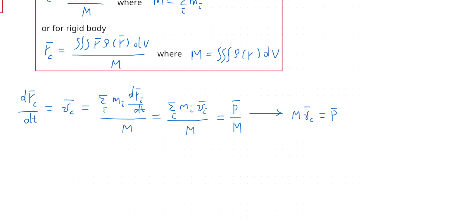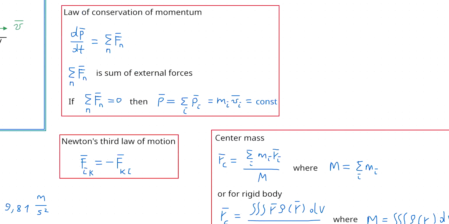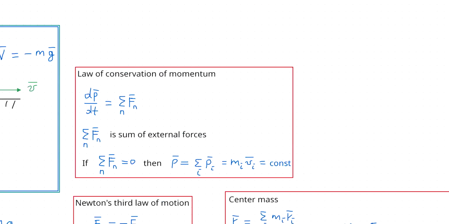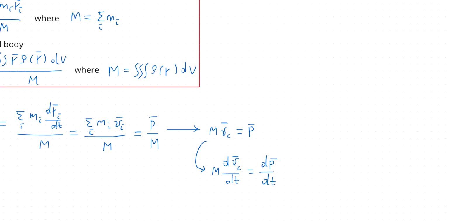And let's find another derivative, the second derivative: m dv_C by dt is equal to dp by dt. But according to the law of conservation of momentum, this derivative dp by dt is equal to the sum of external forces.